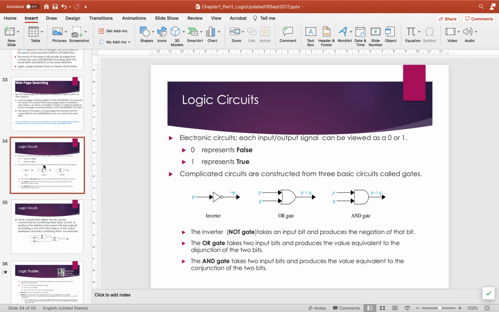Alright. So the inverter is the NOT gate or the negation. Alright? Takes an input bit and produces the negation of that bit. The OR gate takes two input bits and produces the value equivalent to the disjunction of the two bits, and the AND takes two bits sama and produces the value equivalent to the conjunction of the two bits.